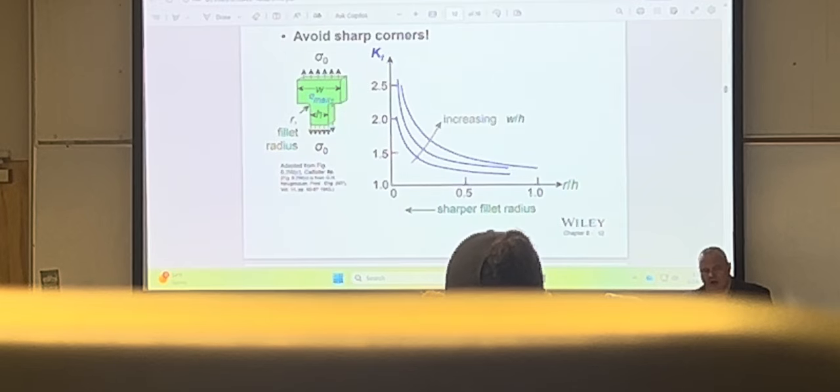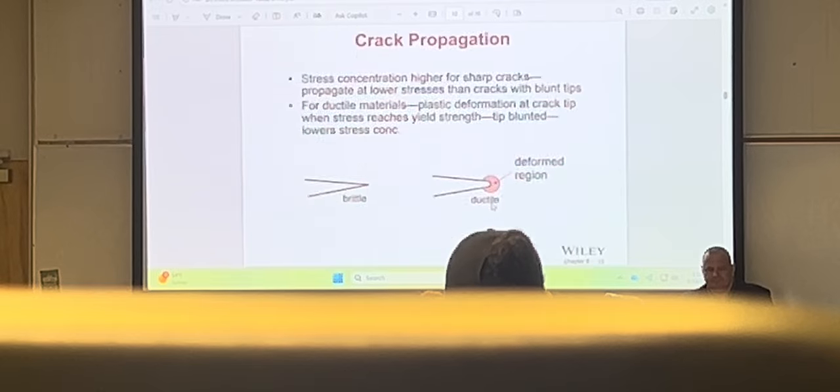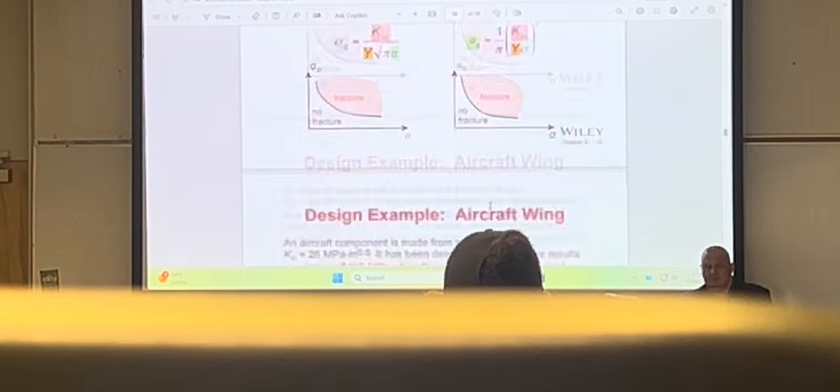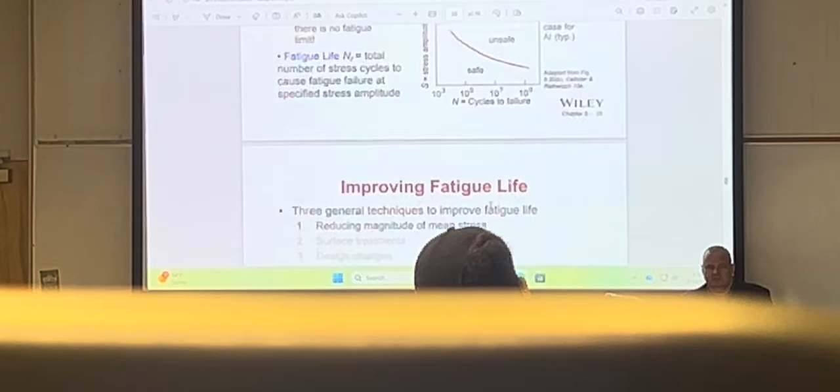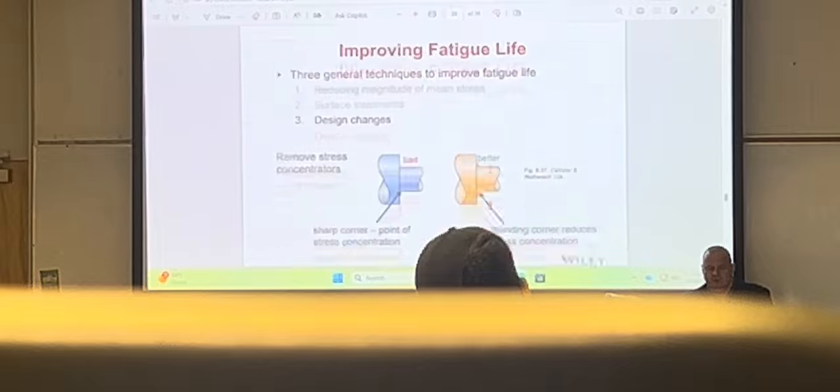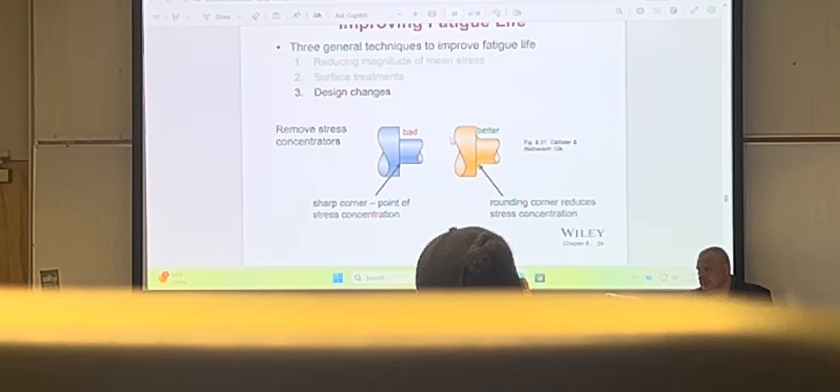R over H, R. So we need to increase R to get over here versus here. And who is going to be the designer? You. So please keep this in mind. No sharp corners, no sharp transitions.